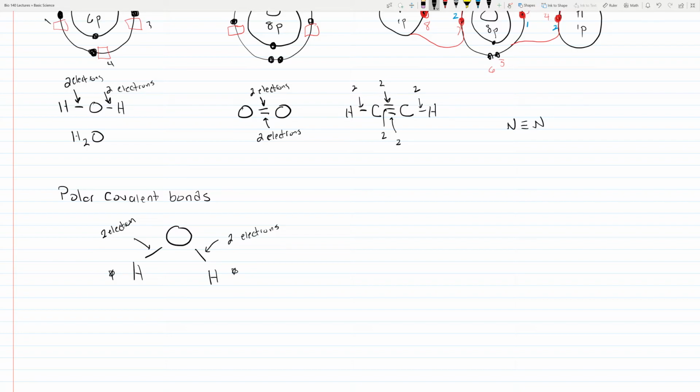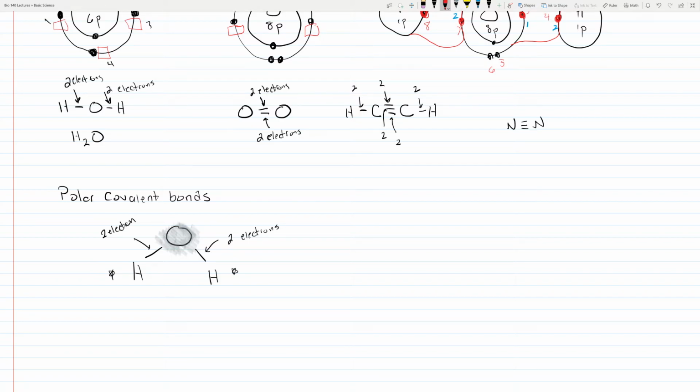However, oxygen's kind of greedy. Oxygen is really greedy for electrons. And what tends to happen is the electrons like to hang around the oxygen more than they like to hang around the hydrogen. Okay, the valences are still filled, but the electrons prefer to be around oxygen.